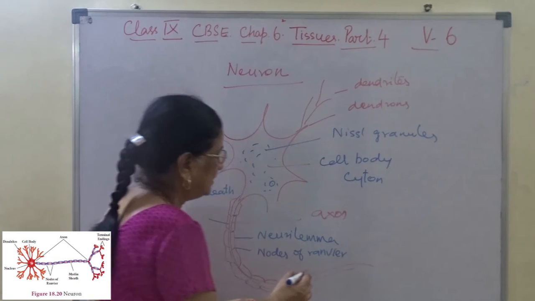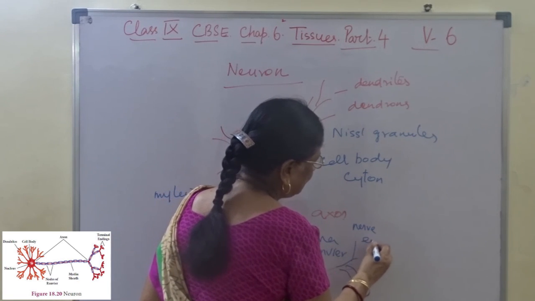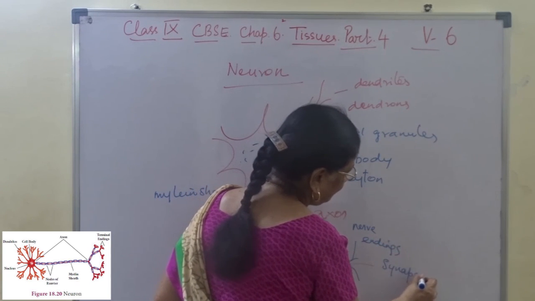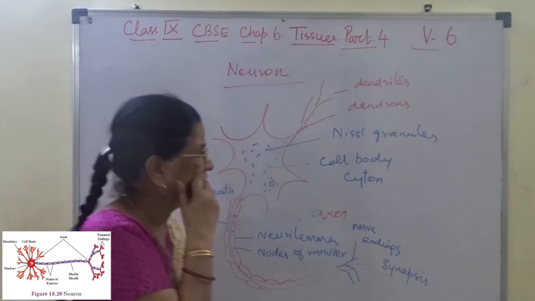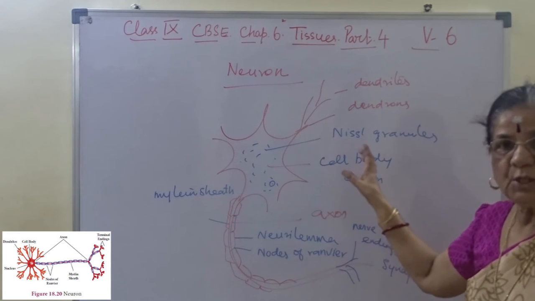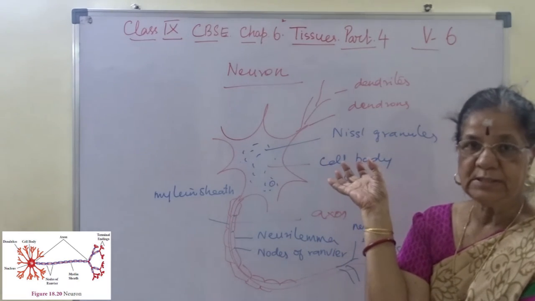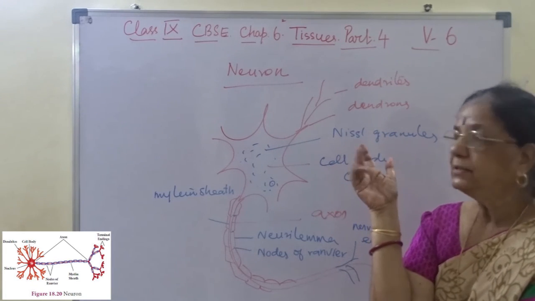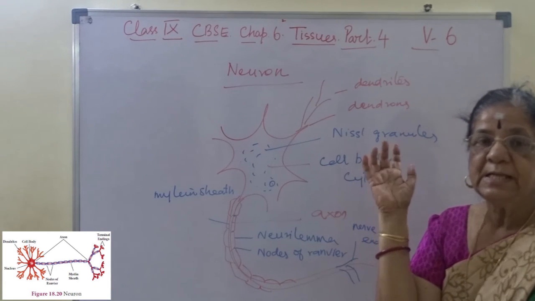And this axon ends in fine nerve endings called synapses. So this forms the simple structure of the neuron. I repeat: the cell body or cytosol with cytoplasm containing Nissl granules and a central nucleus. Cytosol gives branches called dendrons. That dendron in turn branches into dendrites. One of the dendrons emerges as axon.